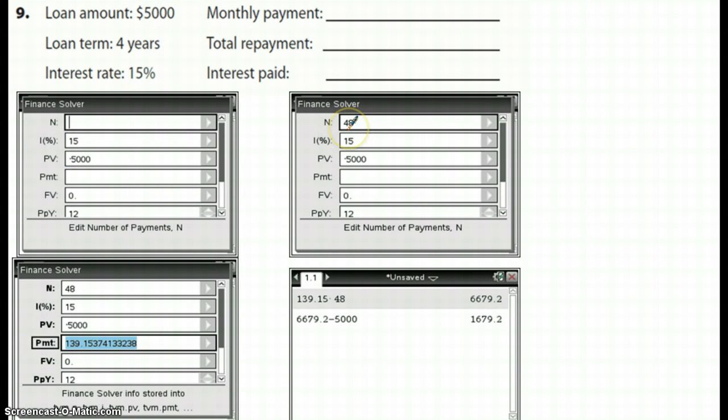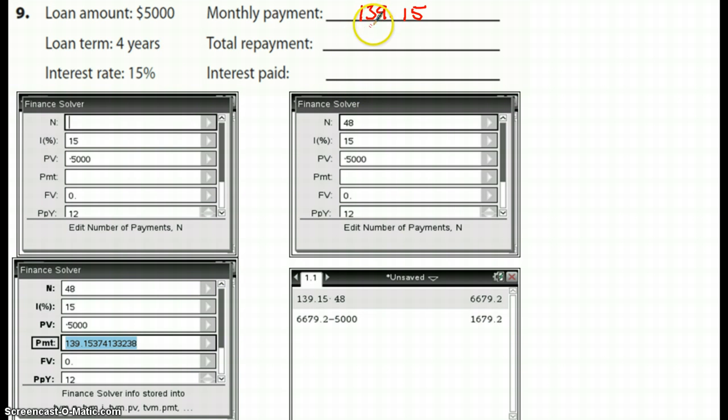Okay, let's take a look at the very last one, and it says a loan amount of 5,000. Here you're talking about 4 years, so that's 48 months, and 15, and number of payments 12. Click payments, and we have a monthly payment of $139.15.